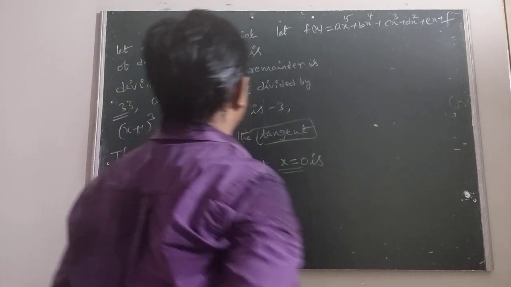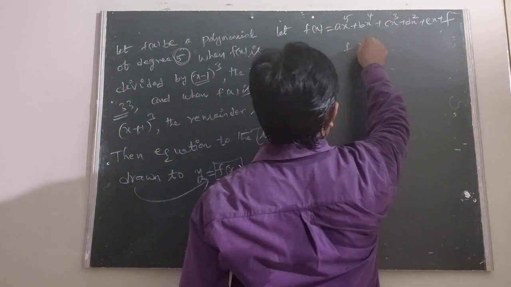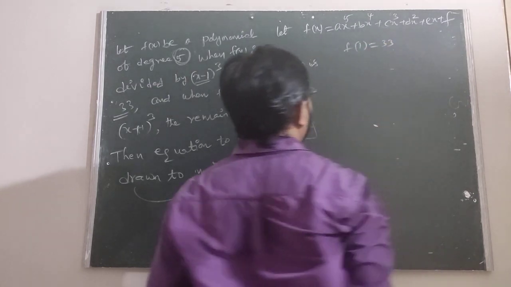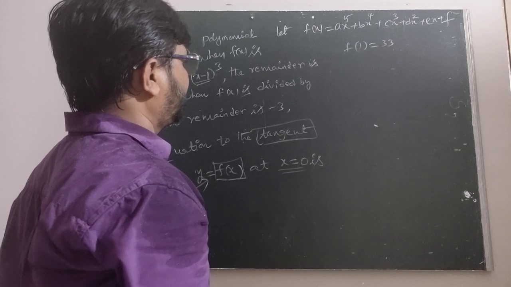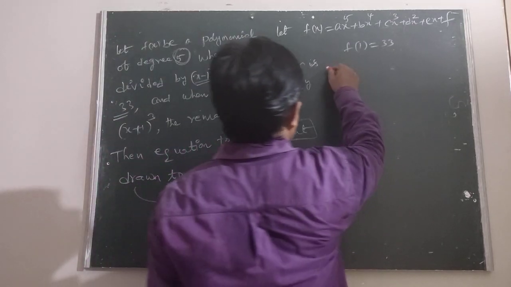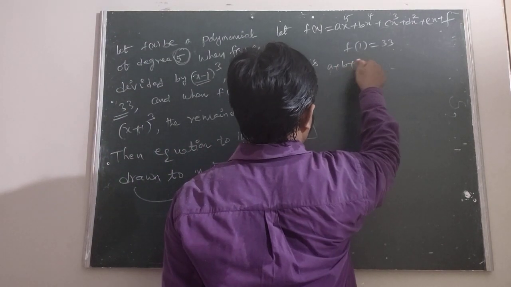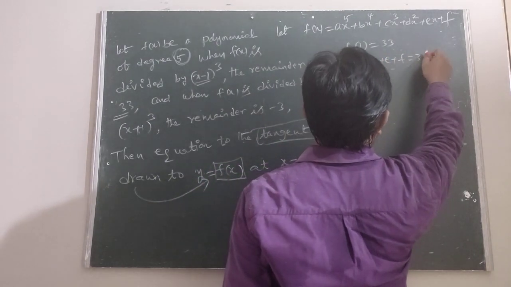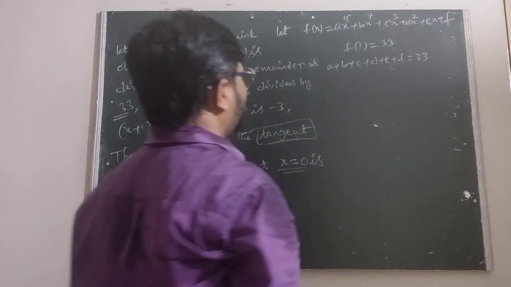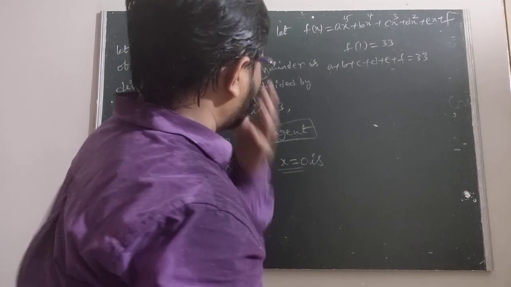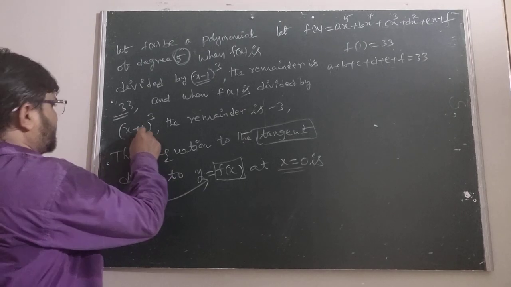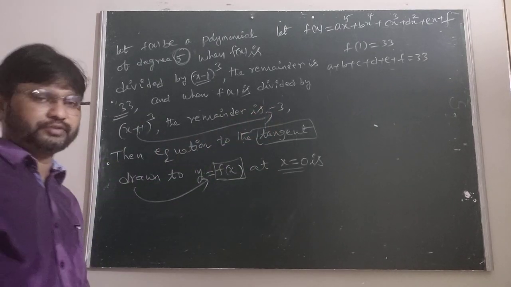Therefore, now we are taking f of 1. The remainder f of 1 is given as 33. Now we can write f of 1 is a plus b plus c plus d plus e plus f equals 33. Another one, f of minus 1, the remainder is minus 3.